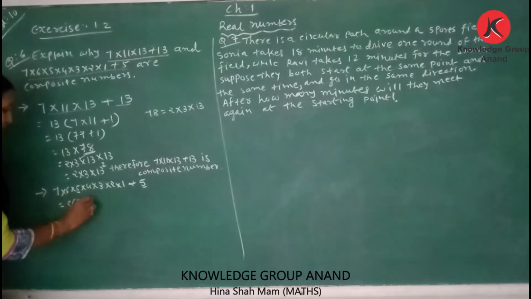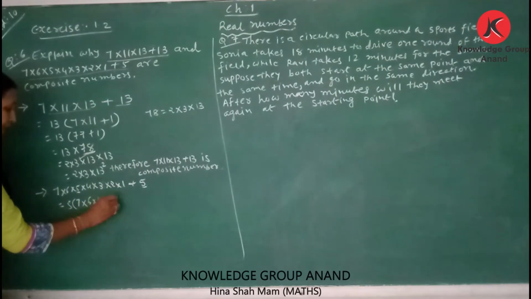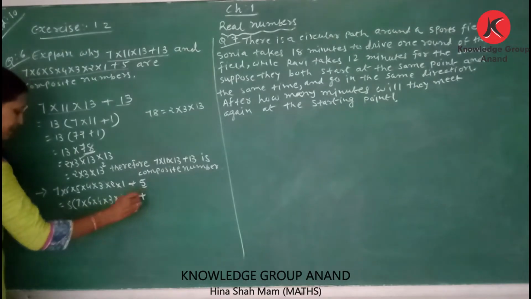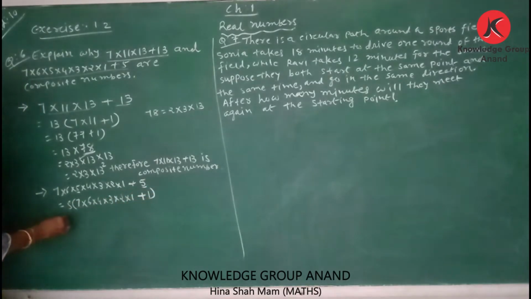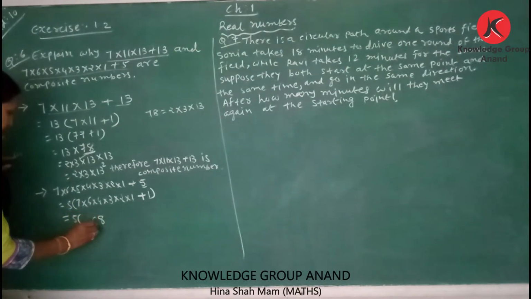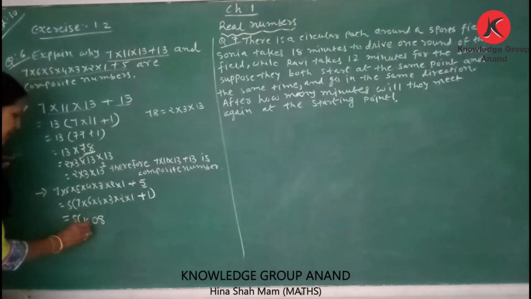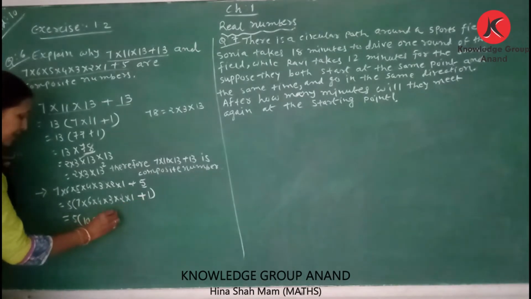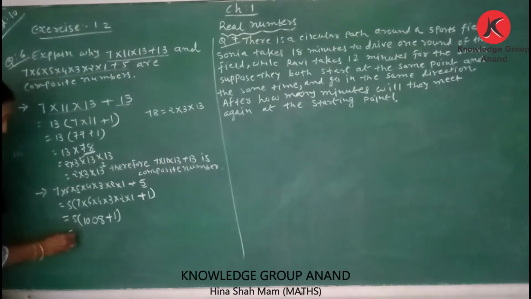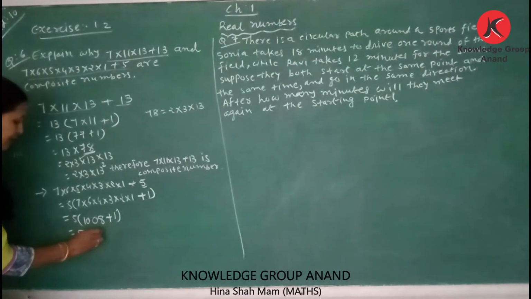Therefore we write 7 into 6 into 4 into 3 into 2 into 1 plus 1, and 5 into the multiplication of these numbers. 2 3s are 6, 6 4s are 24, 24 6s are 144, 144 7s are 1008, plus 1, so 5 into 1009.